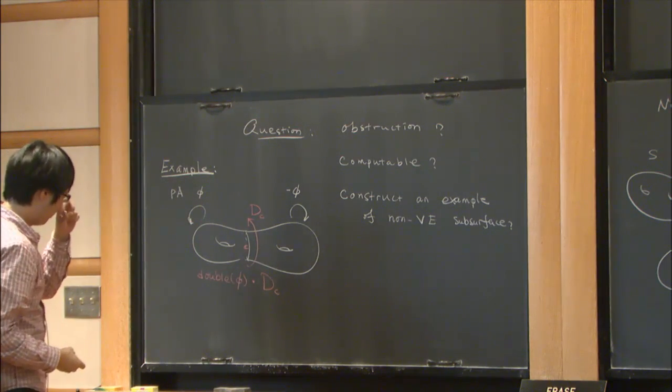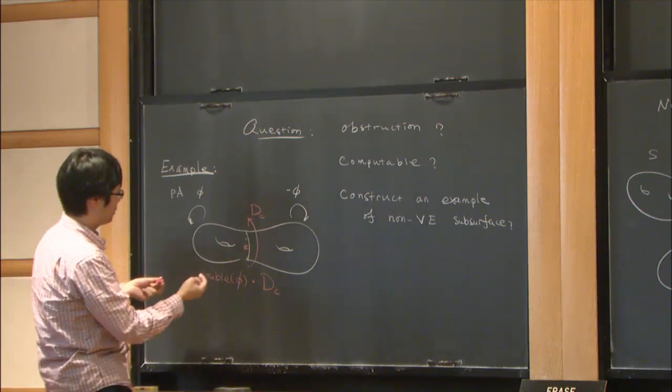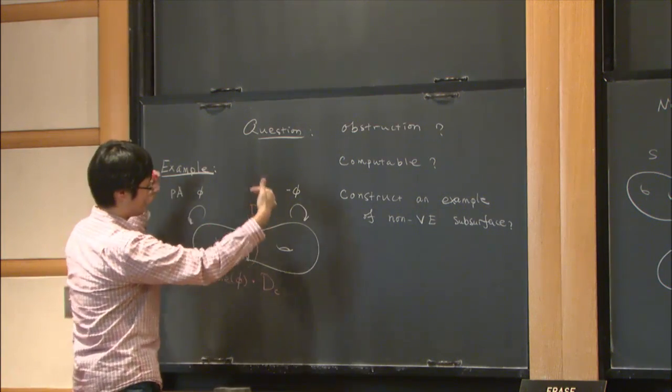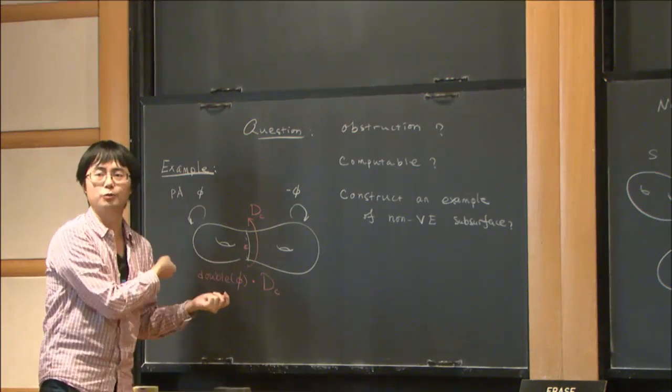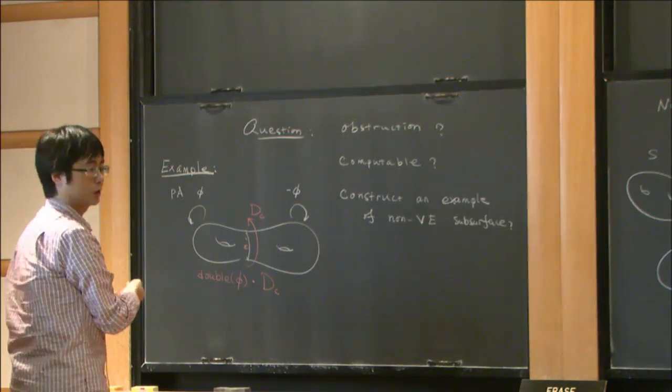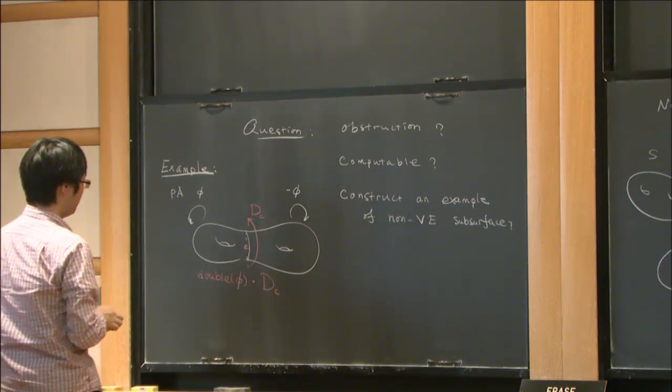Notice that this locus is totally fixed by this double, so these two components actually commute with each other. There's no ambiguity in the definition.